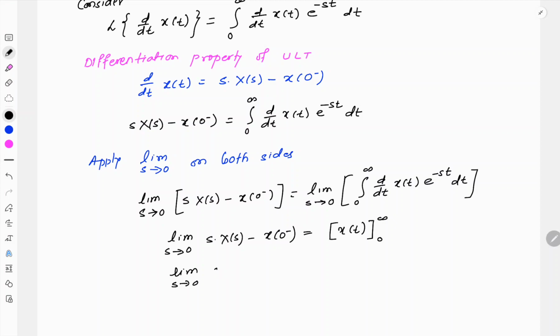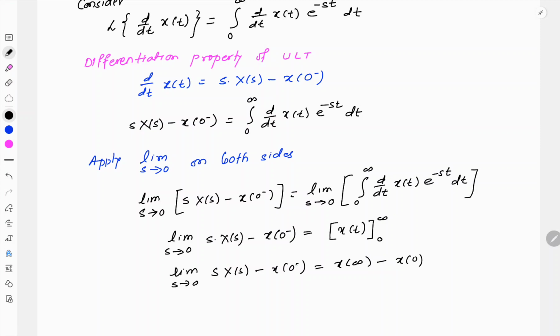So let us simplify it further now. Limit s tends to 0 s into x of s minus x of 0 minus is equal to, applying upper limit and lower limit, it is x of infinity minus x of 0.